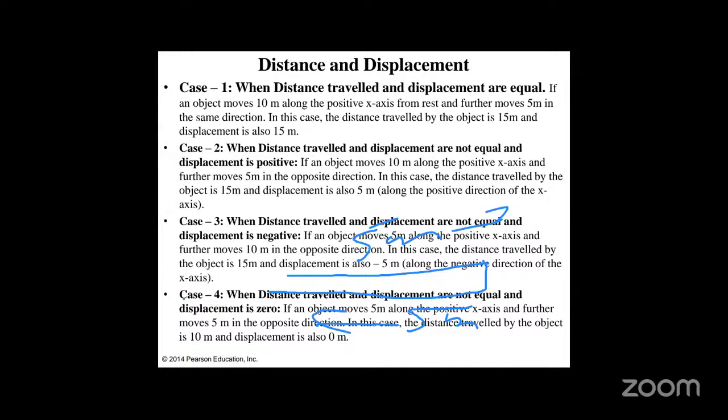The distance will be 5 plus 5, which is 10. But displacement will be 5 minus 5, which is 0.